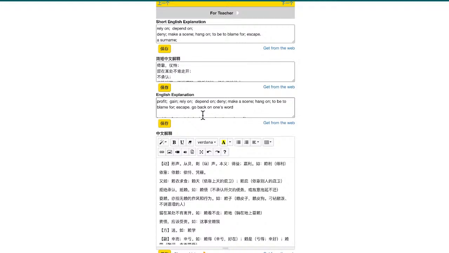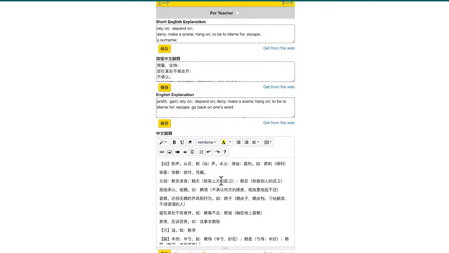And that basically is the opposite of rely on. So somebody else is trying to rely on you, to make someone responsible for something, but that person denies it and wants to escape from the responsibility. So this character could actually be used on either side of that.